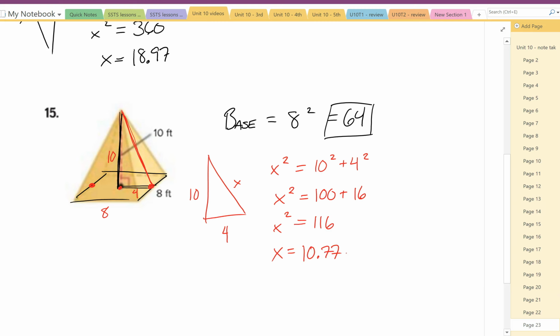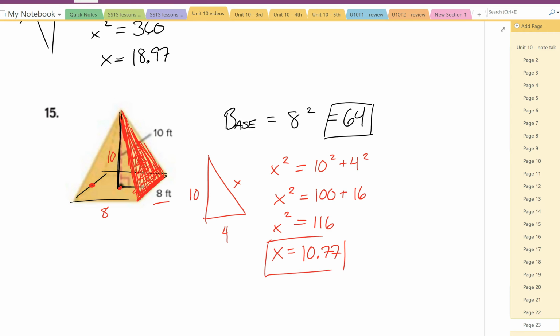So now I can figure out one side. I'm going to shade it in. I'm going to figure out the surface area of this side, and then I'm going to multiply it by 4 to get all 4 lateral sides of my pyramid. So the surface area of this triangle here that I've shaded in red is just base times height divided by 2. The base down here is 8 feet. The height is this right here, this 10.77.